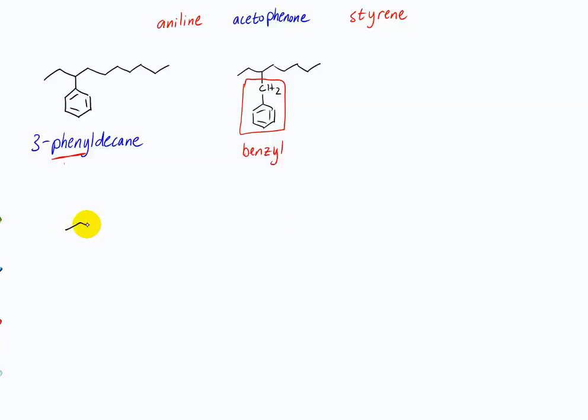So things like this are known as 2-bromotoluene.